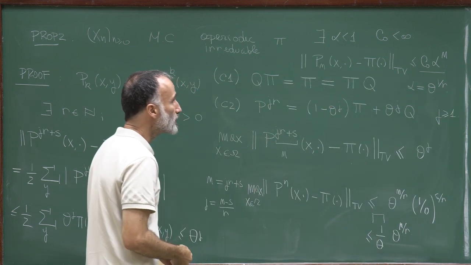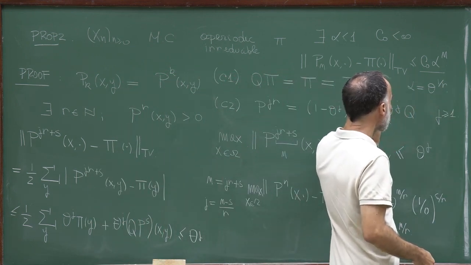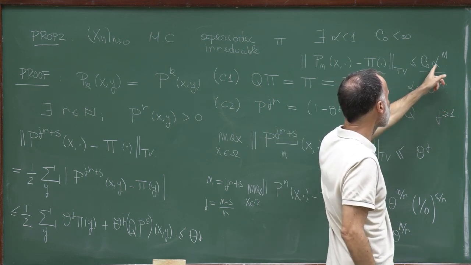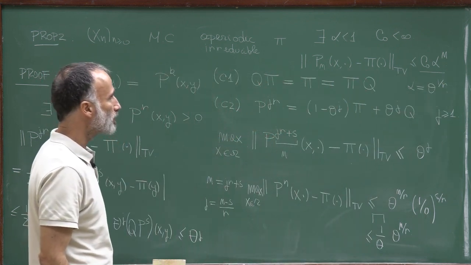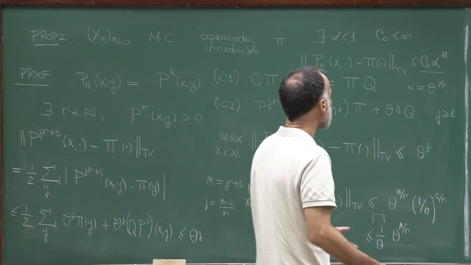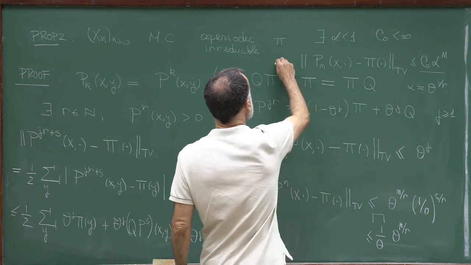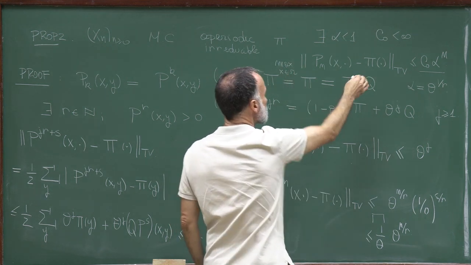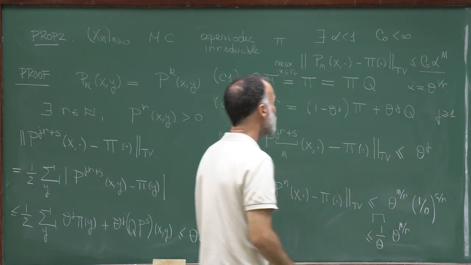As I said at the beginning, we don't have an explicit equation for r or for theta, so we don't have an explicit bound for alpha. But we proved at least that if I take the maximum over all x in omega, this quantity converges exponentially fast to 0.